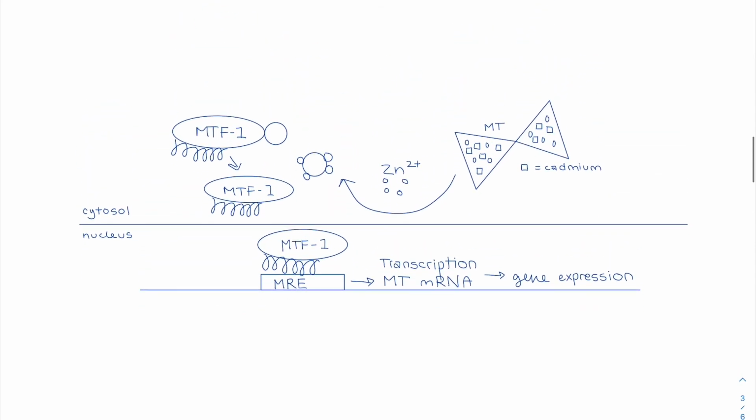Copper and cadmium bind to metallothionein at a higher affinity than zinc. So if we have higher levels of cadmium, it has that higher affinity for metallothionein, and so zinc is pushed out. Whether we have high zinc levels, or even if we have high cadmium levels or high copper levels, then it's going to choose to be within the metallothionein, pushing zinc out.